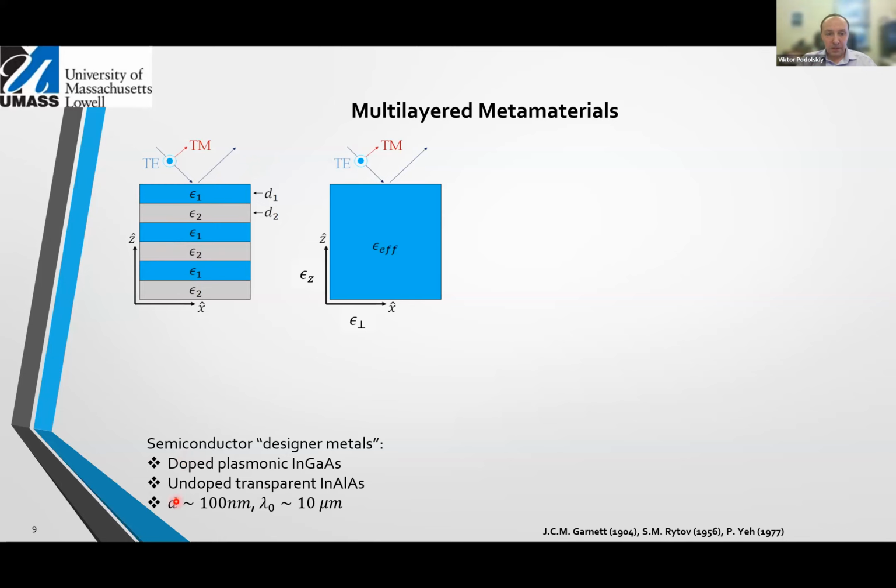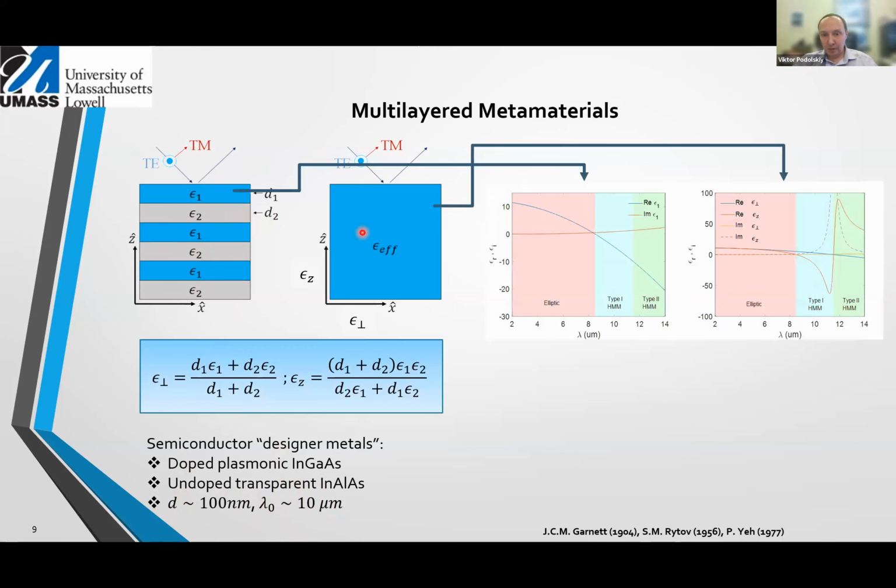So the typical thicknesses of the layers are of the order of 100 nanometers. The typical operating wavelength for these devices is of the order of 10 microns. And you can see there is a humongous scale separation between the vacuum wavelength and the layer thickness. And so because of that, we can represent this structure as an effective medium, and we can calculate both the permittivities of the constituent materials, and this is the permittivity of these doped layers, and the effective permittivity of this multilayer stack.